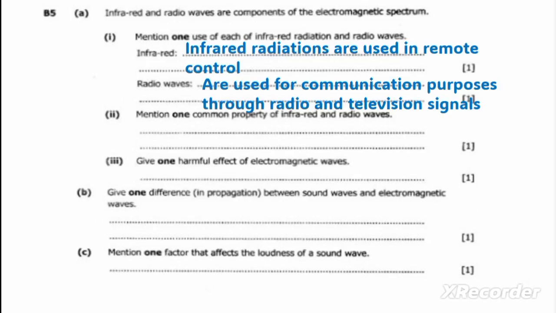We shift to the next question, which is question B5A, Roman numeral 2. Mention one common property of infrared and radio waves. So the members of the electromagnetic spectrum have got properties they share.